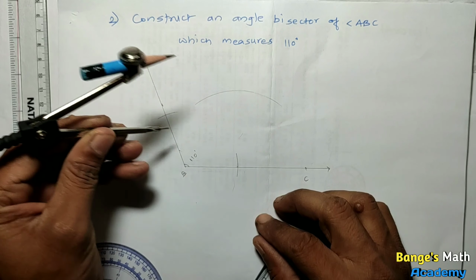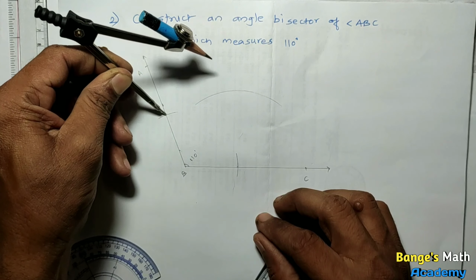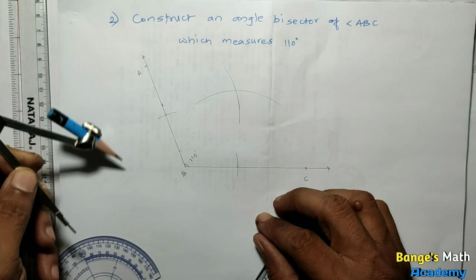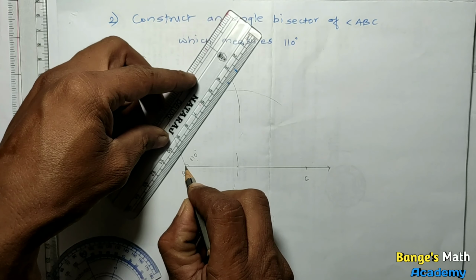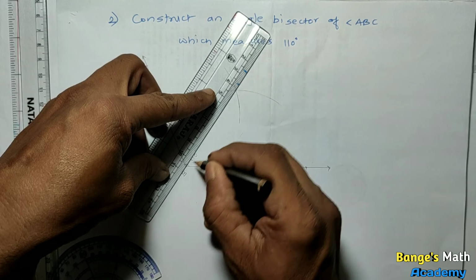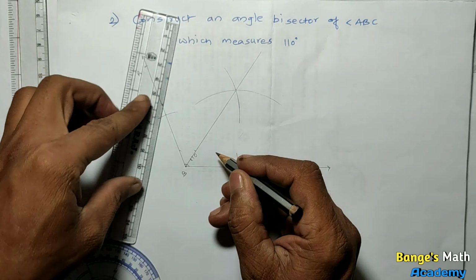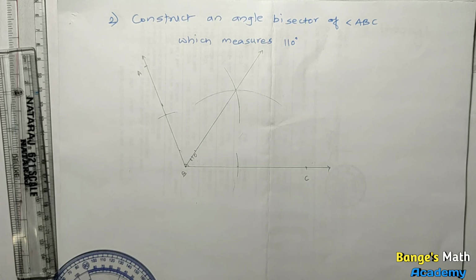Keeping the distance the same, put the still point on the other point of intersection and draw an arc intersecting the previous arc. Then join point B and the point of intersection of these arcs with the help of a ruler. So we have drawn the angle bisector of angle ABC which measures 110 degrees.